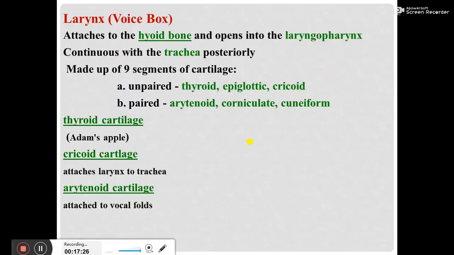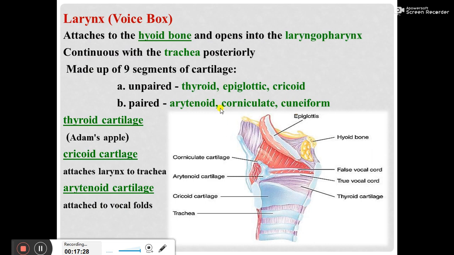Now it attaches to the hyoid bone and opens into the laryngopharynx. It continues with the trachea posteriorly. Here is the photo of the larynx, and at the posterior end this larynx continues as the trachea.